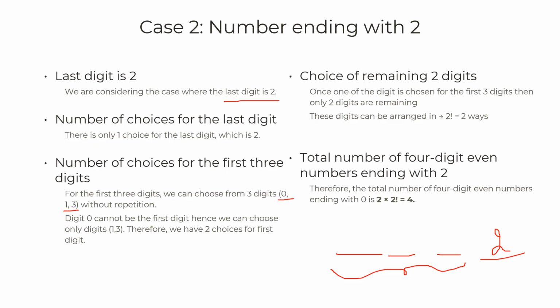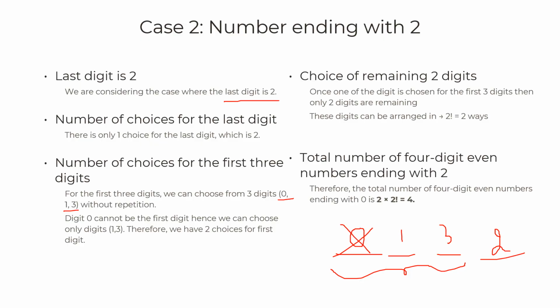Suppose I choose the digit 0 first, and then say 1 and 3, then this becomes a 3-digit number and not a 4-digit number. So 0 cannot be the first digit out of the 3 choices we have.